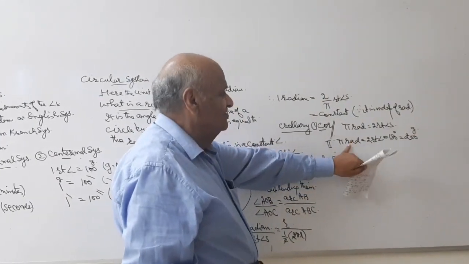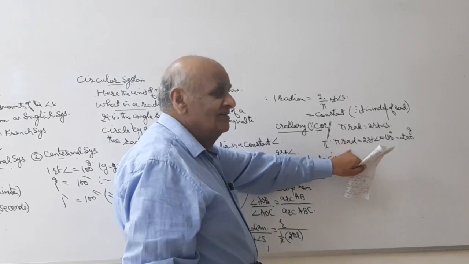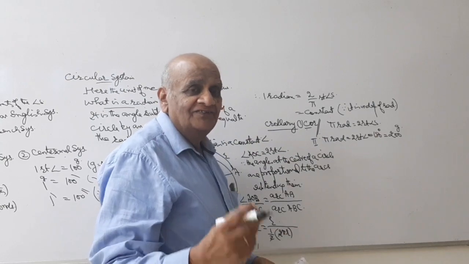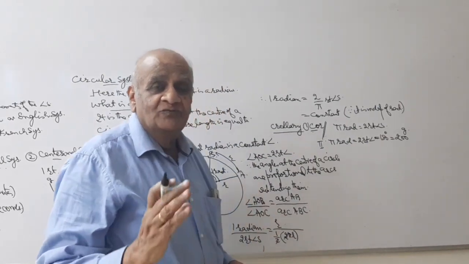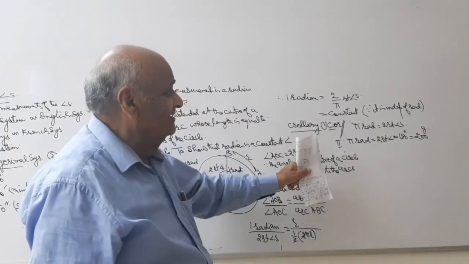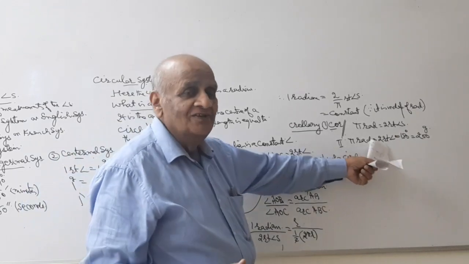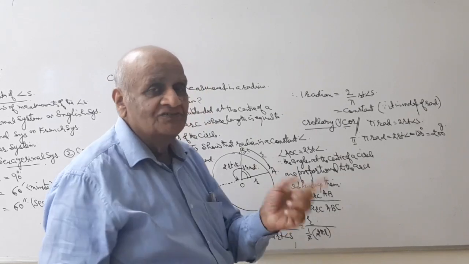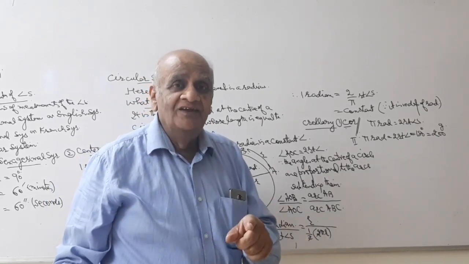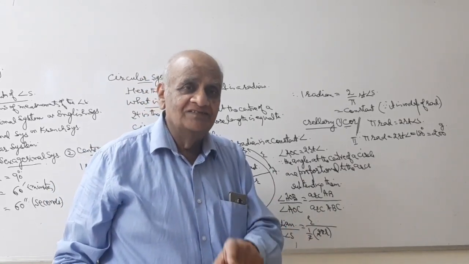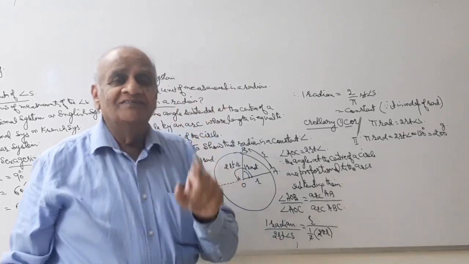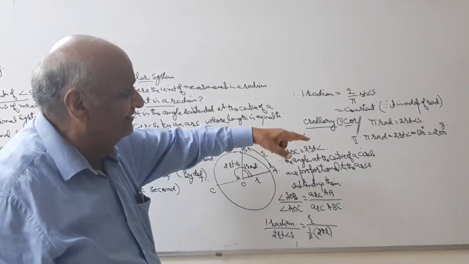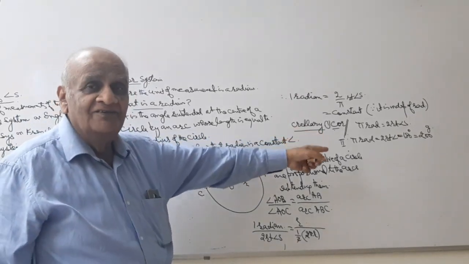This is the relation between the radian, right angles, degrees and grades. That is the system connecting circular system, sexagesimal system, centesimal system. With the help of this we can convert from circular to sexagesimal, sexagesimal to circular, and from centesimal to sexagesimal and so on.